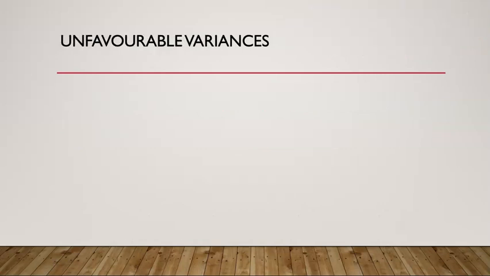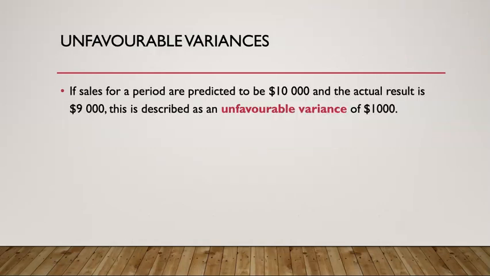Conversely, if we think about unfavourable variances, it starts to become a bit easier. If sales for a period were predicted to be 10,000, again, same budget, but the actual result was 9,000, then this is unfavourable because the business owner is not going to be happy with a prediction of 10, but actually getting 9.